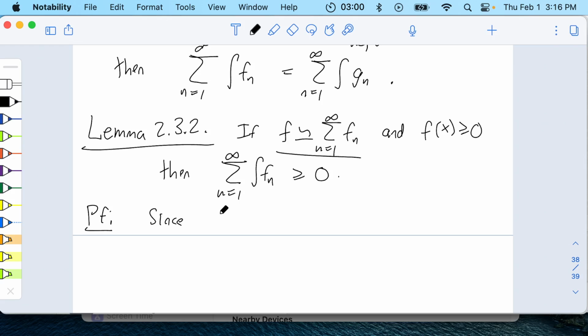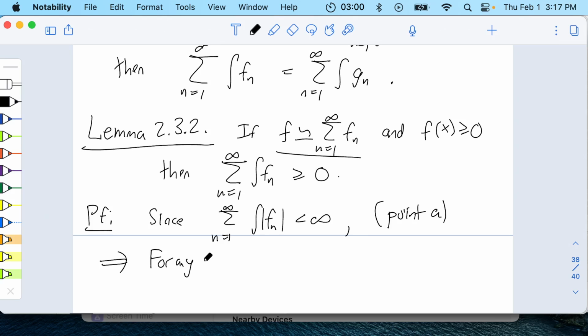Since the sum over n greater than n naught of the integral of the absolute value of fn, not this, the sum over all of them, is less than infinity, that is point A. Therefore, for any epsilon greater than 0, find n naught so that the sum over n greater than n naught of the integral of the absolute value of fn is less than epsilon.